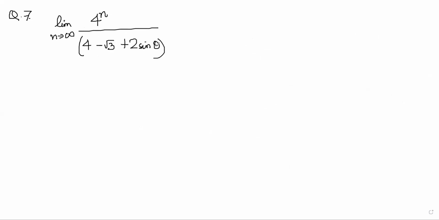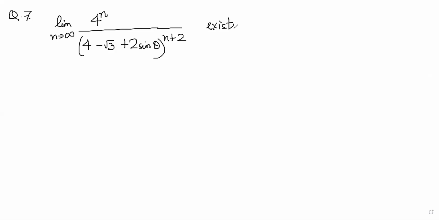Then the next one is question number, what number was it, no? Okay, fine. I'll just pick a number. Limit n tends to infinity of 4 power n by (4 minus root 3 plus 2 sine theta) to the power n plus 2 exists.